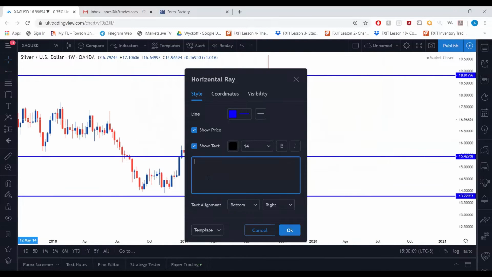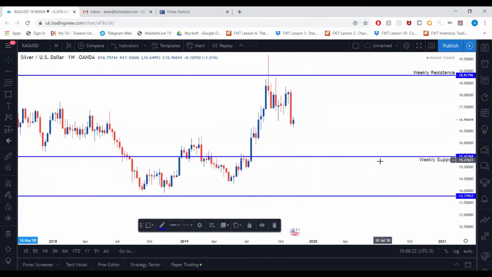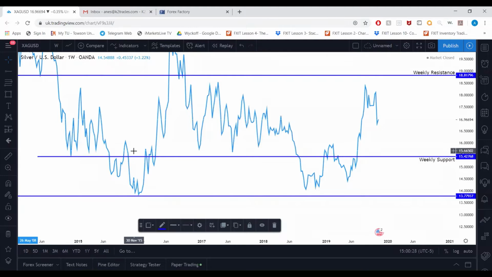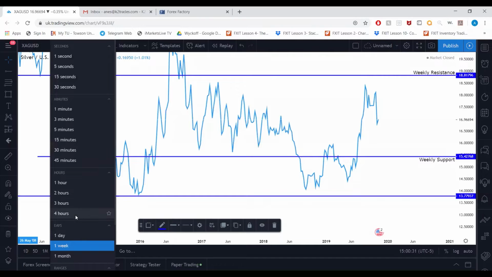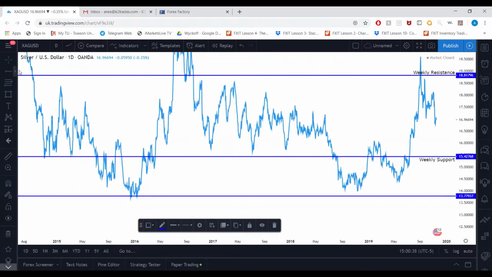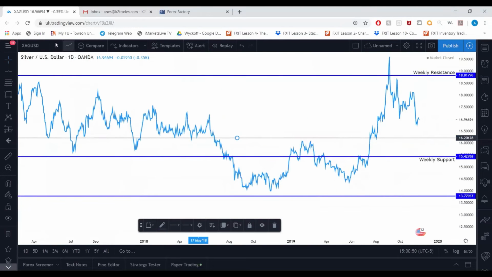Let's just label it. This is also daily support.